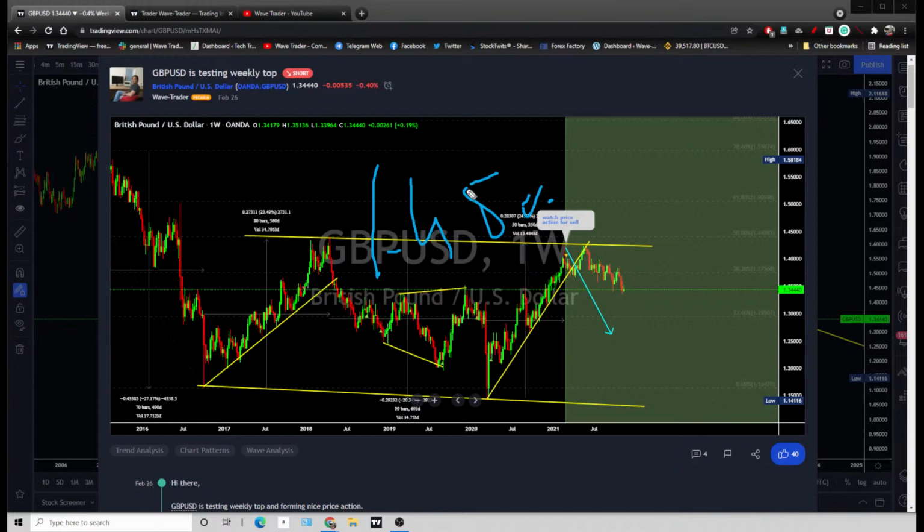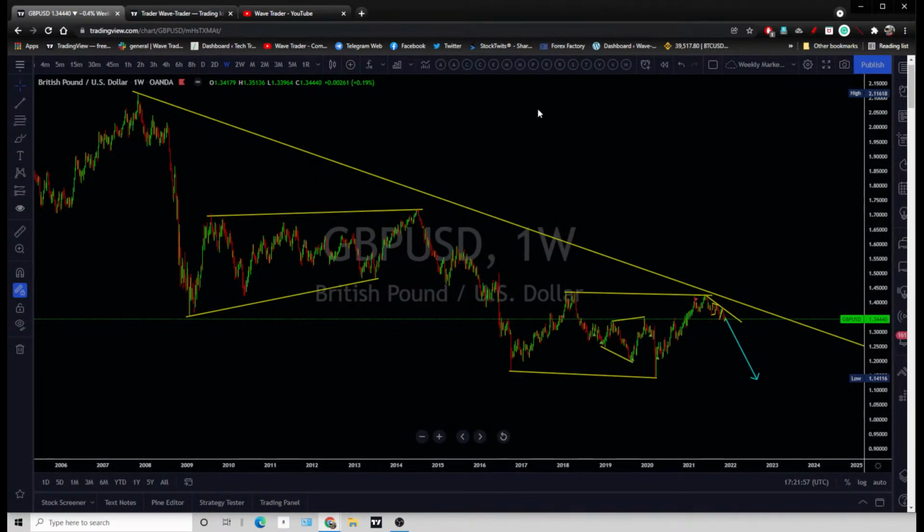So we may see the market disrupt. Aggressive tighter monetary policy can disrupt the whole market. So what we are looking for is the trend to stay there.